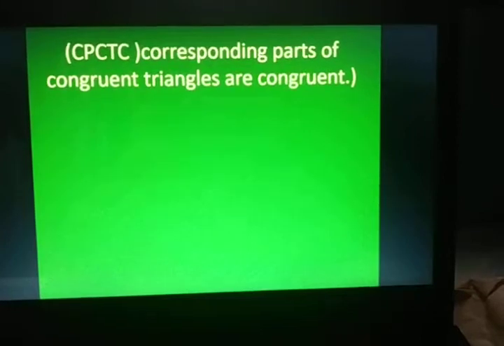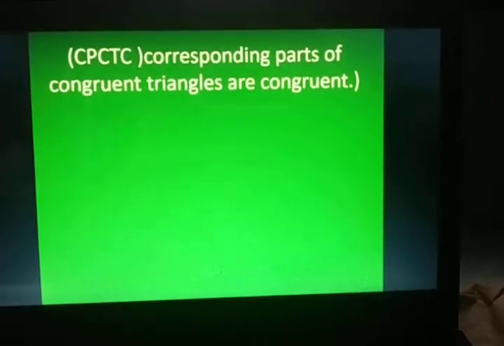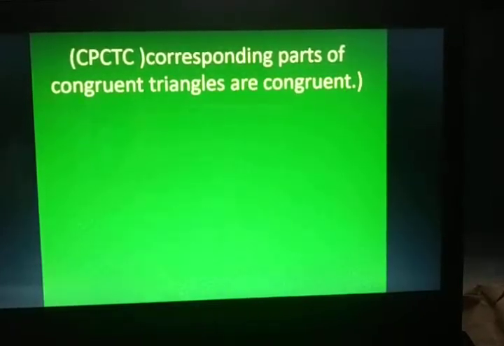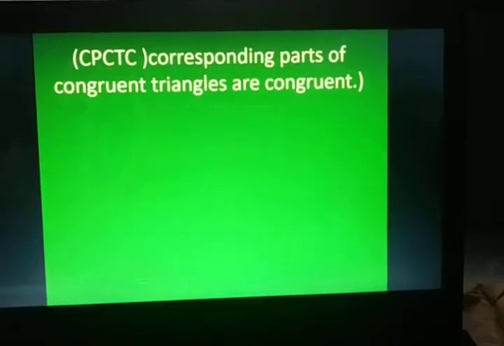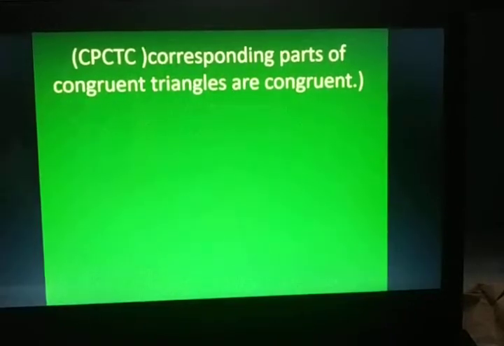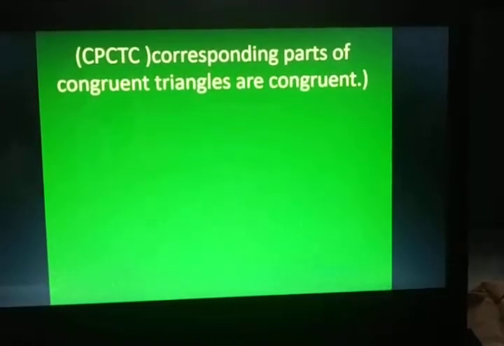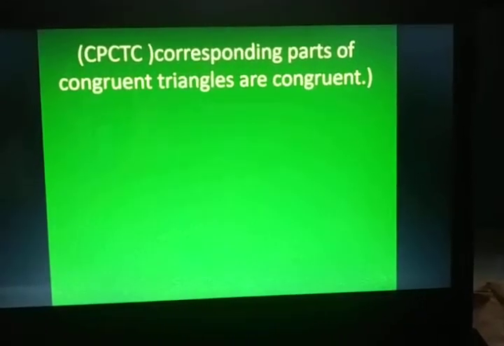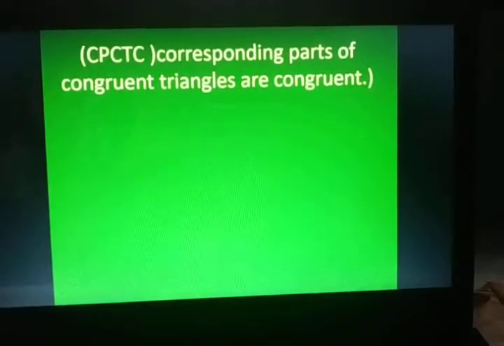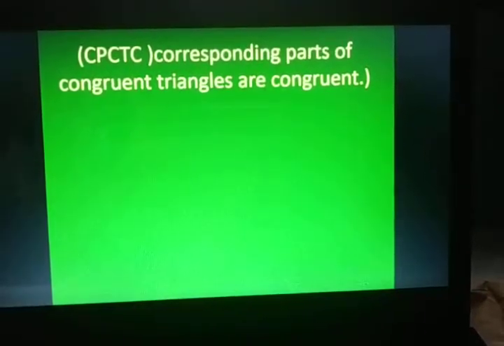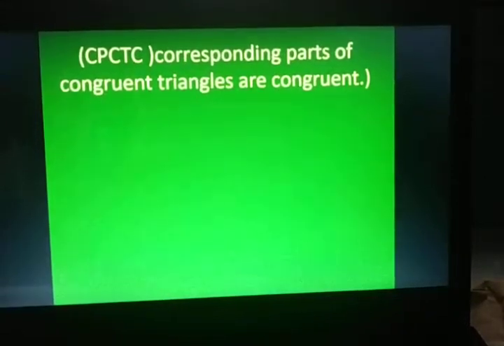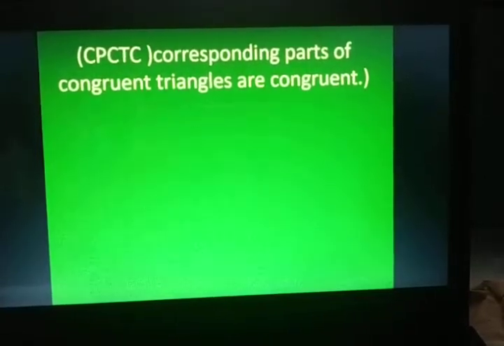Let's start with this definition. This is by definition CPCTC, which means corresponding parts of congruent triangles are congruent, which means that when the 3 basic parts of the triangles are congruent, then the 2 triangles are also congruent. Going back to your grade 7, the basic parts of a triangle are sides, angles, and vertices.